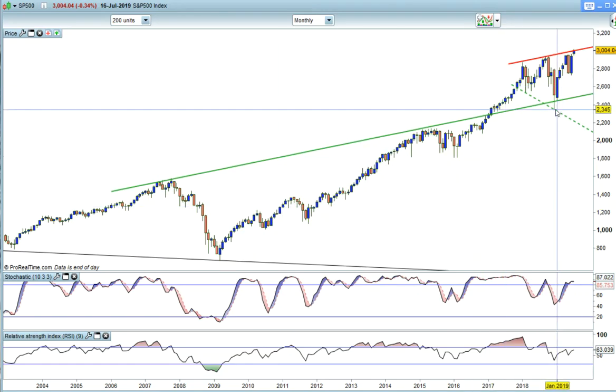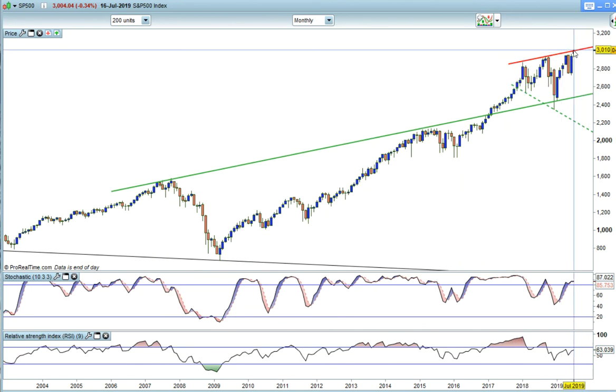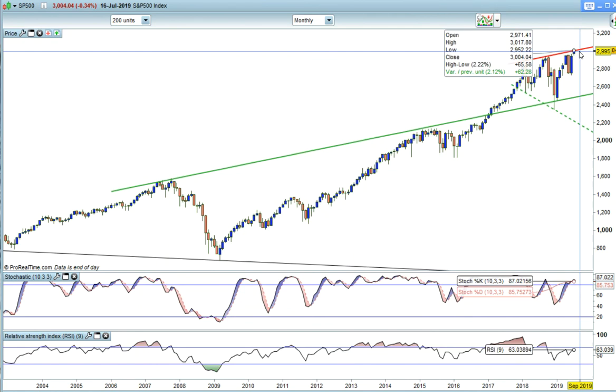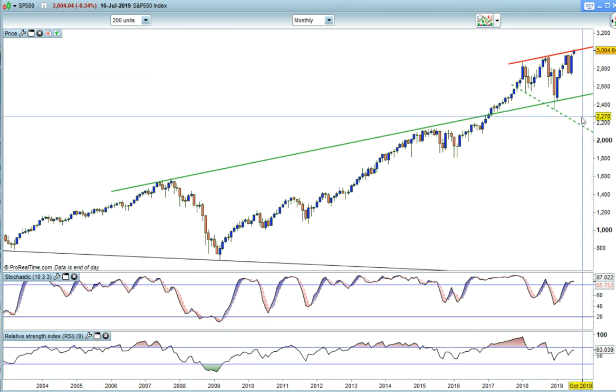Now let's go back to the weekly and the monthly and see if we're going to turn into a bear market. On this chart, you have got some pretty hefty downside potential, but you will only know if this market is going to absolutely tank if we go below here.